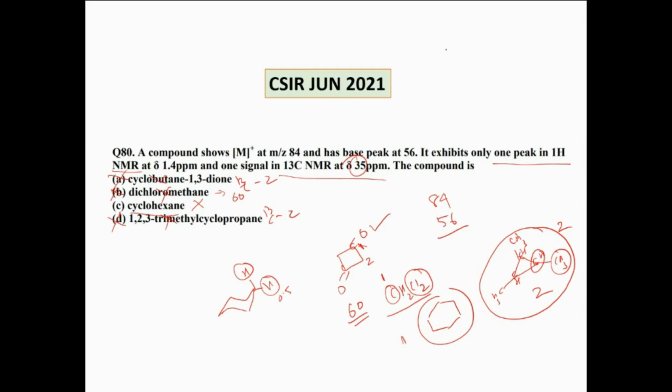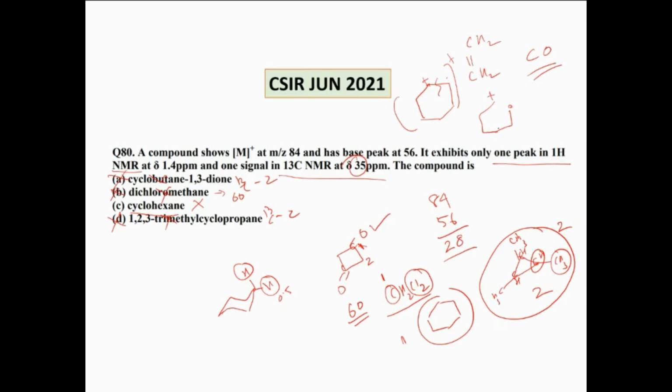Cyclohexane. Here they have given us 56. 84 minus 56 is what? 28. Remember, 28 means ethylene, or C double bond, or carbon monoxide. So carbon monoxide is not going to be in any of them. So it can be ethylene. How? The cyclohexane molecular ion peak, plus dot, cleaves. So you'll be having plus, you'll be having dot.